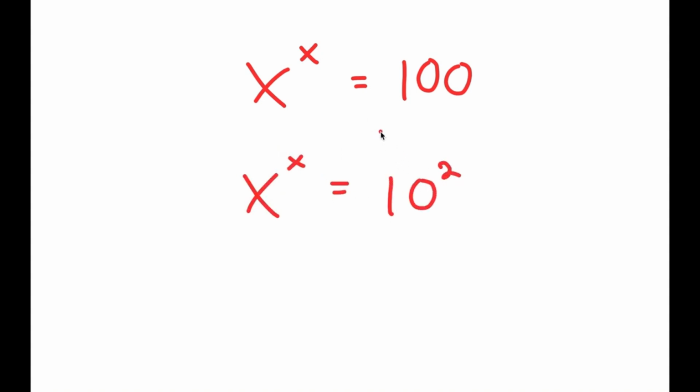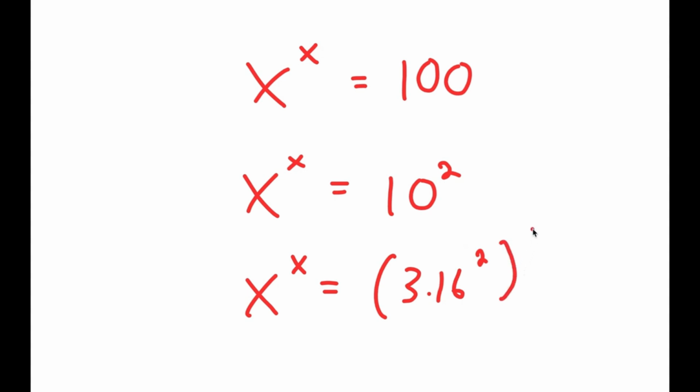So from here, I can rewrite 10 squared as 3.16 squared, to the power of 2, because 10 is the same thing as 3.16 squared.